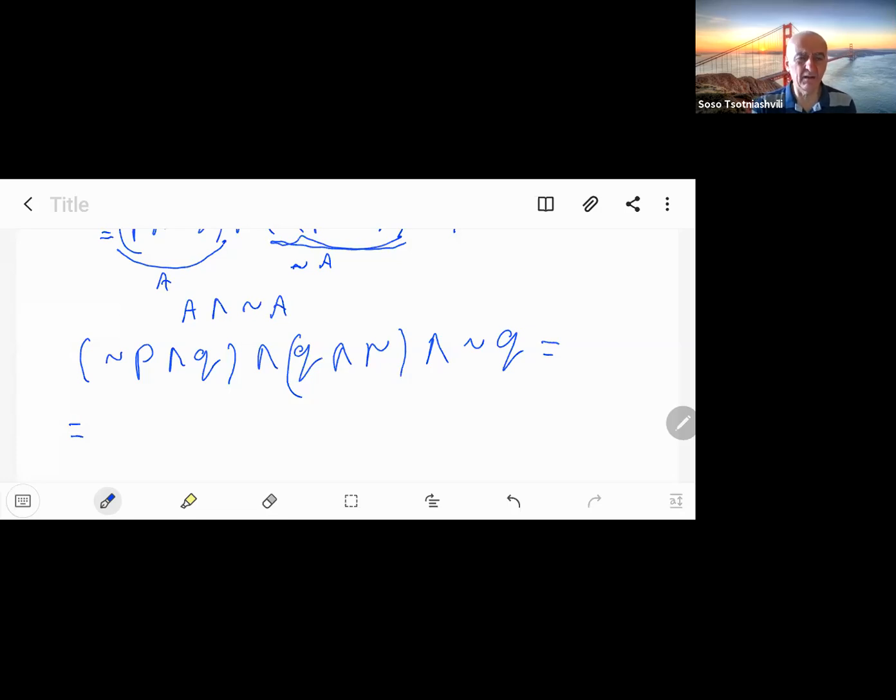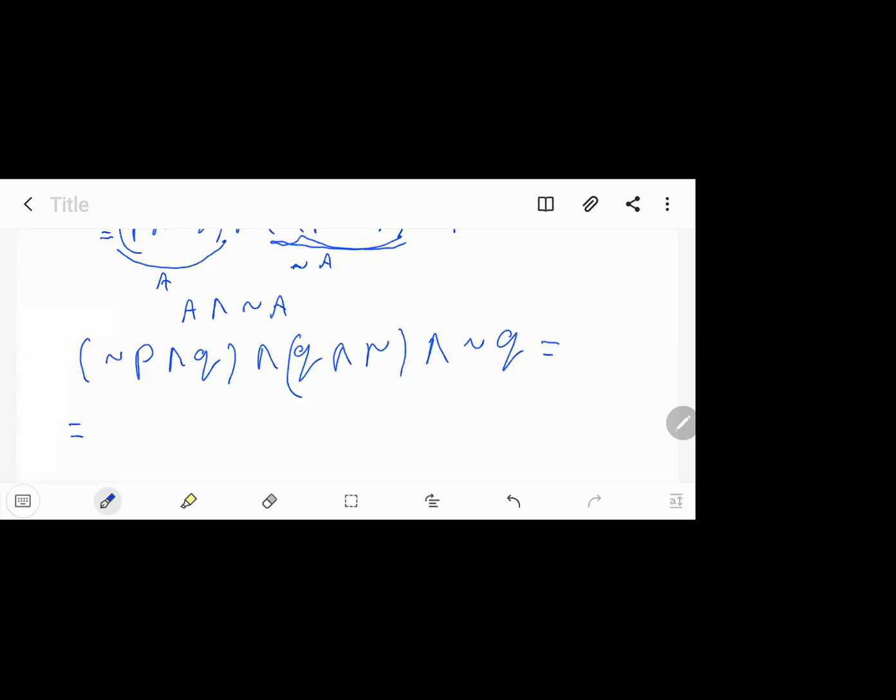Please, in lecture 1, on the last page, see again the basic logical equivalences, and maybe it will help you find which basic formula we can use. We can use distribution laws.